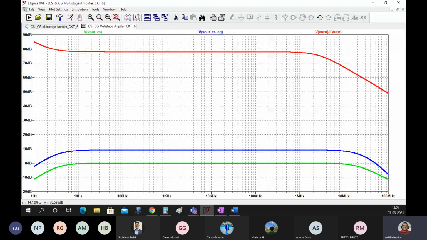Now this is being plotted in dBs actually. So impedance being plotted in dBs is slightly weird. So what we can do is we will remove this from this graph, and we'll add a plot plane inside this, and here we will add the trace, that is V test upon I test.